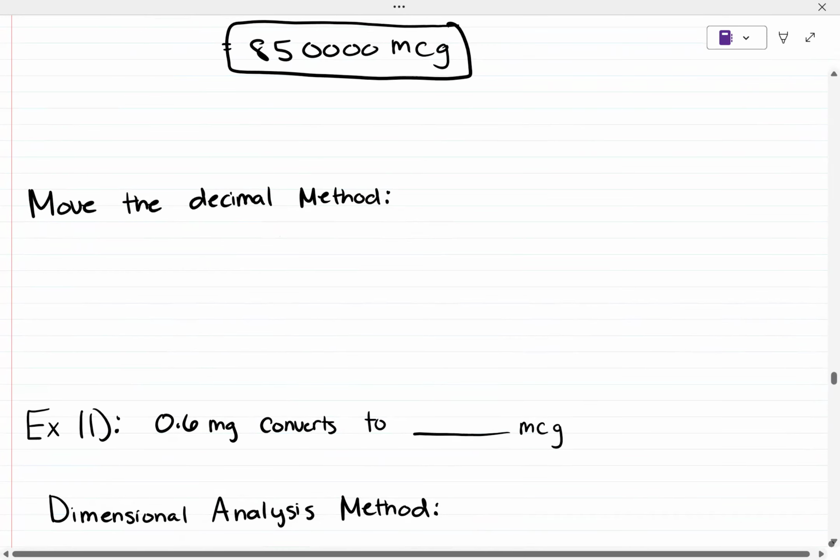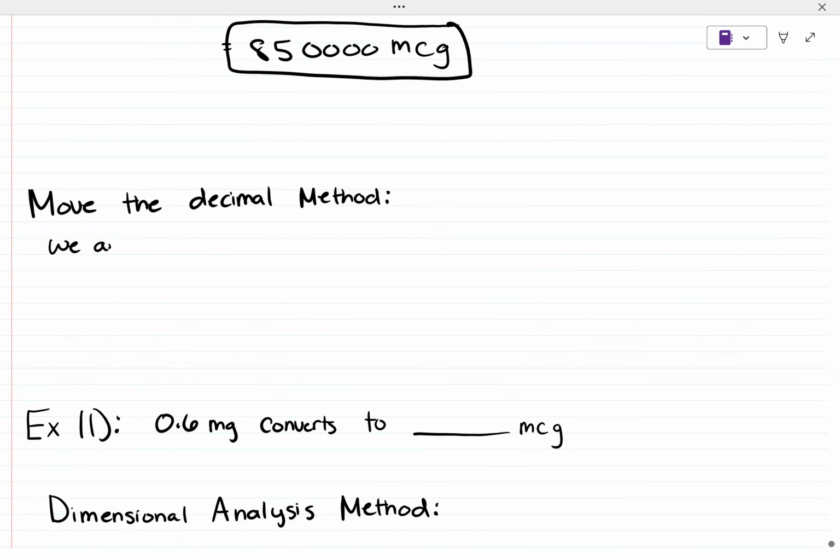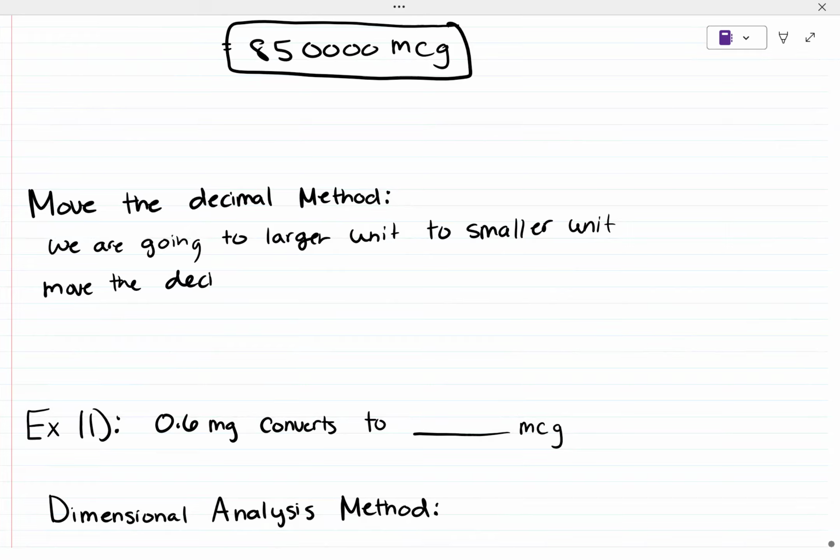Okay, so let's move the decimal method. So we are going from a larger to smaller unit. So move the decimal 3 units to the right.